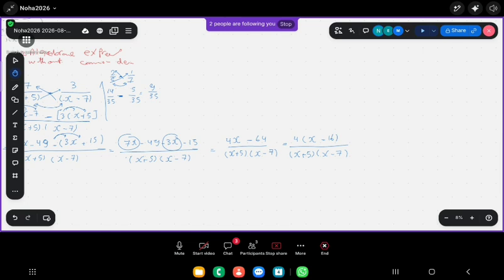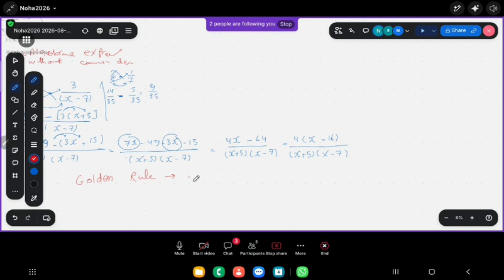So, let's take our golden rule. How can I solve adding and subtracting with my golden rule? Easy, don't worry. Here, first step we find the lowest common denominator.